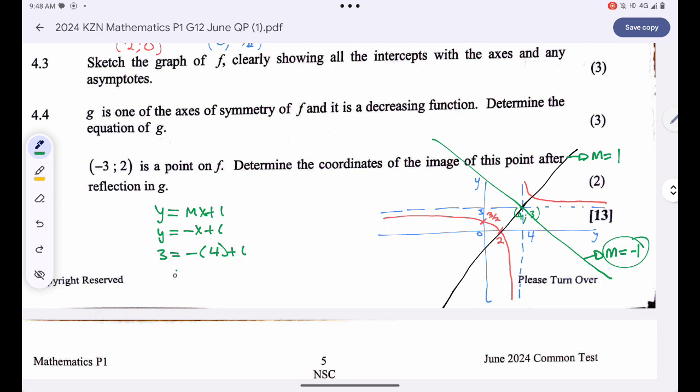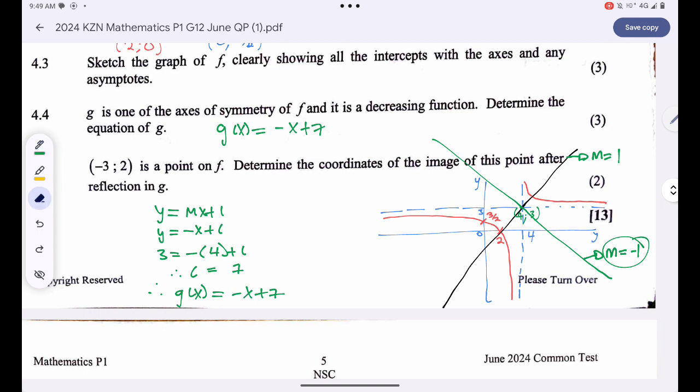That's plus c. Therefore, the value of c is just equal to +7, and hence g of x will be -x plus 7.